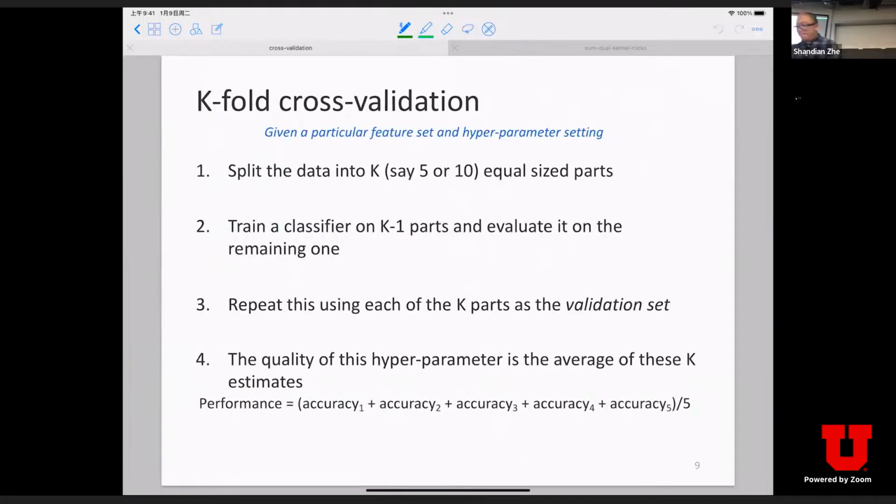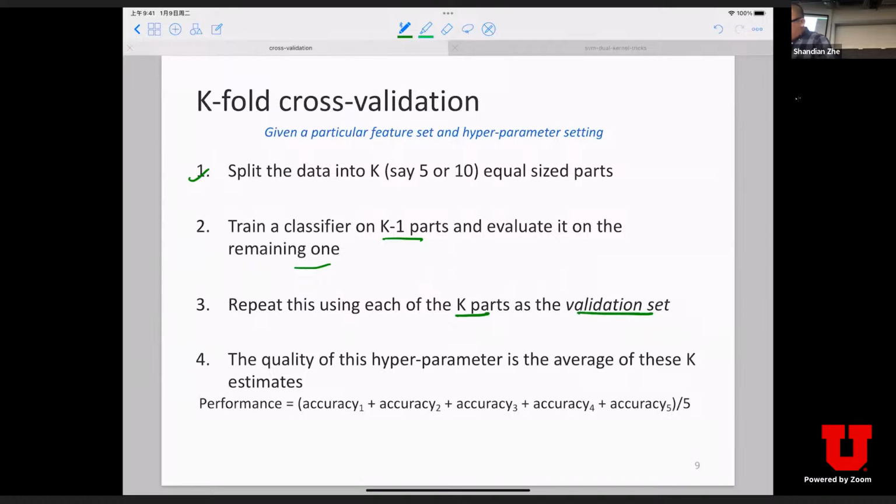So now let us formally define k-fold cross-validation. We first split the data into k equal-sized parts, then train a classifier on k minus 1 parts and evaluate the classifier on the remaining one. We repeat this procedure using each of the k parts as the validation set.